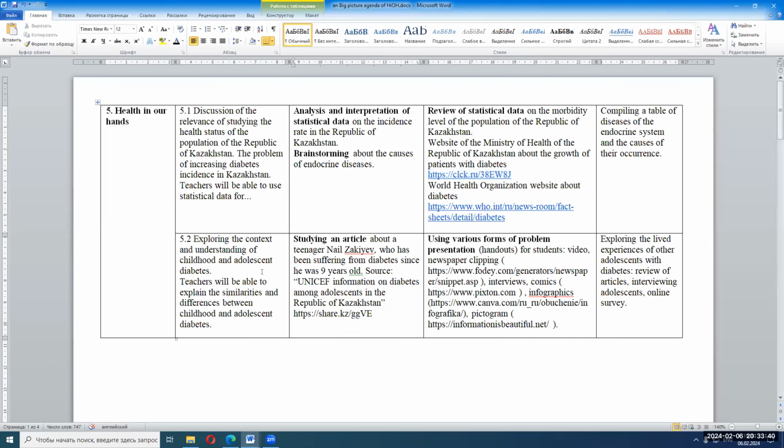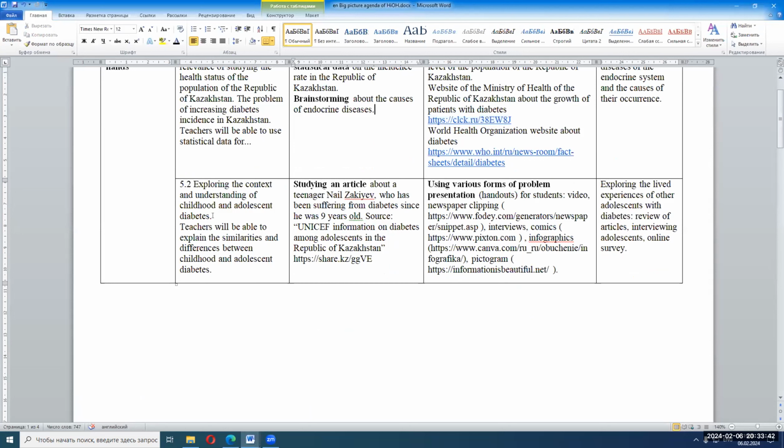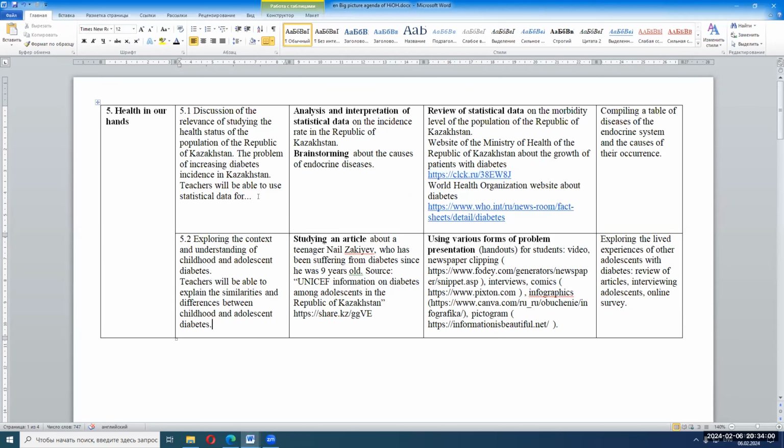Next one is exploring the context and understanding of childhood and adolescent diabetes. Our aim is teachers will be able to explain the similarities and differences between two types of diabetes. I mean, not type 1, type 2, it's about childhood and adolescent. Or maybe we can add differences between two types of diabetes here, maybe in the first lesson, because not everybody knows about it.